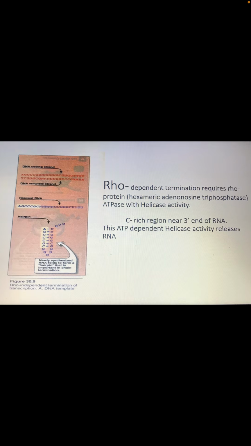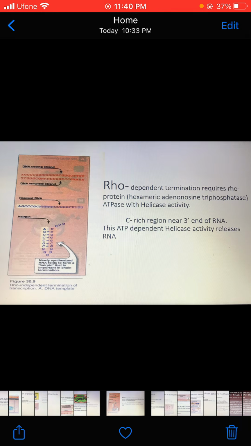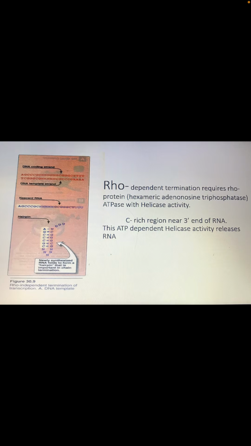While in the Rho dependent termination, we are going to involve the Rho protein, which has ATPase activity and helicase activity. This helicase and ATPase activity in combination is going to cause the detachment of RNA from the DNA.